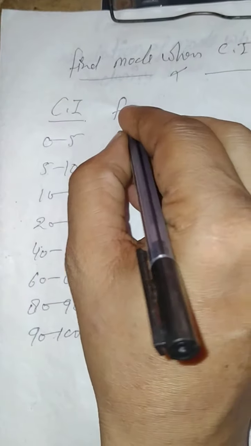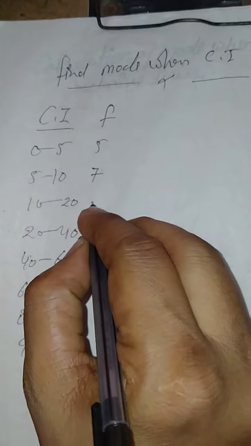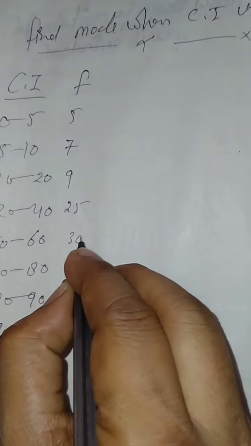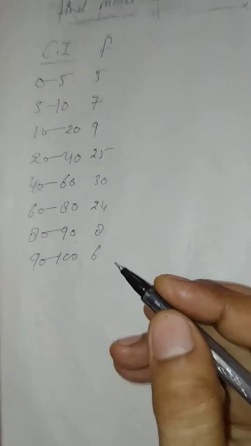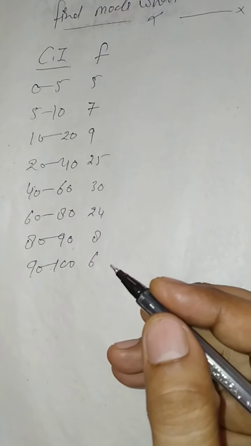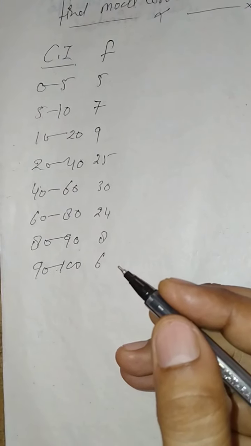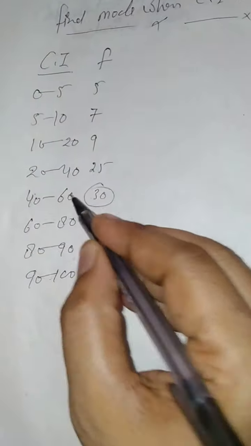The frequencies are 5, 7, 9, 25, 30, 24, 8 and 6. So, dear students, the maximum frequency is 30.